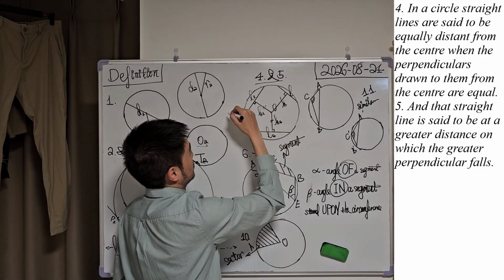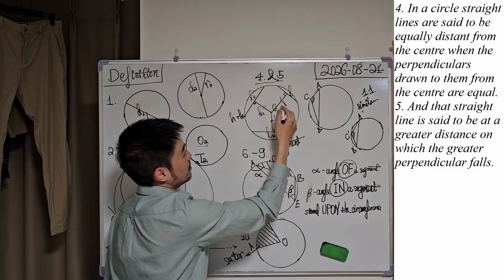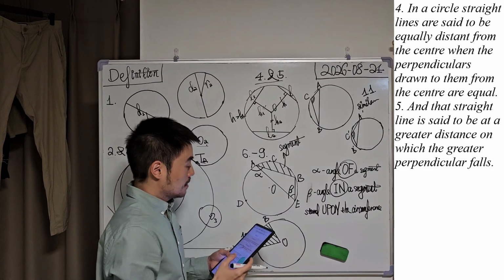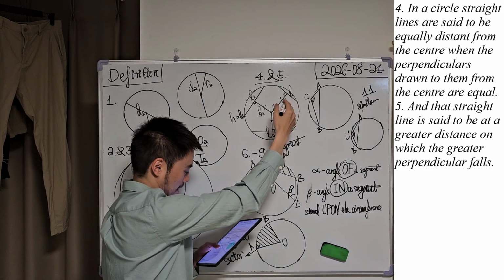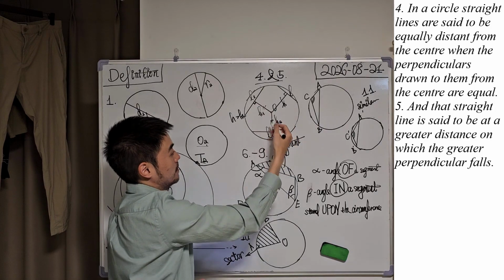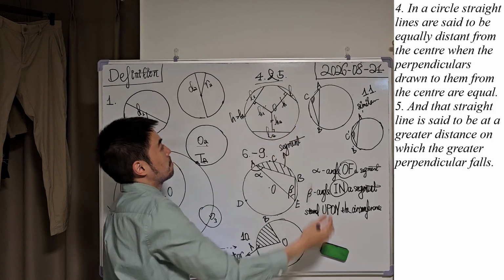So H is greater than H1, okay? So it is defined as the straight line L is at a greater distance than L1 and L2 to the center of the circle O, okay?